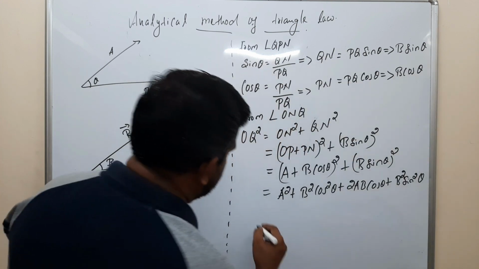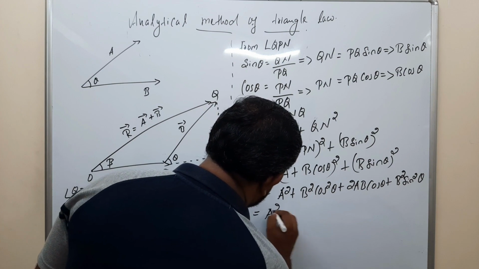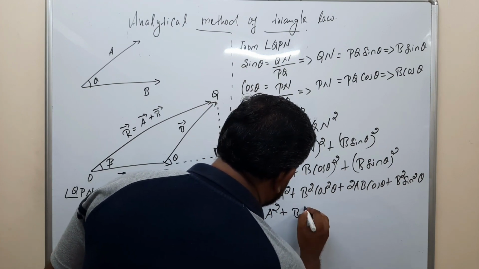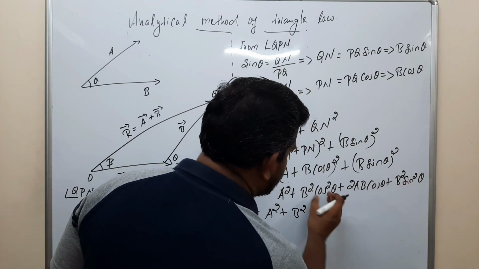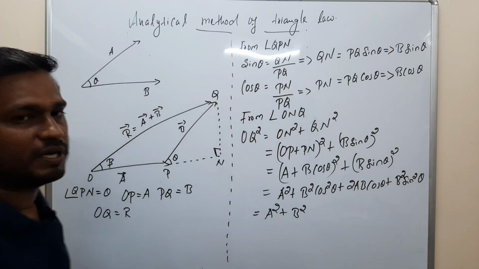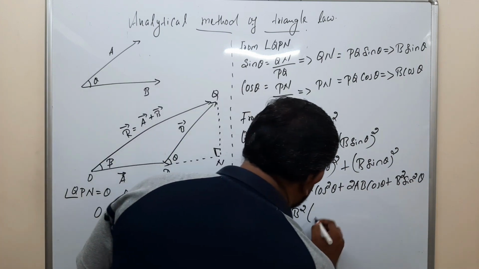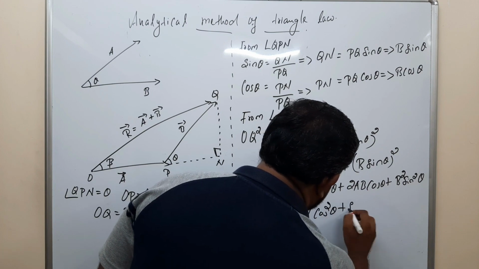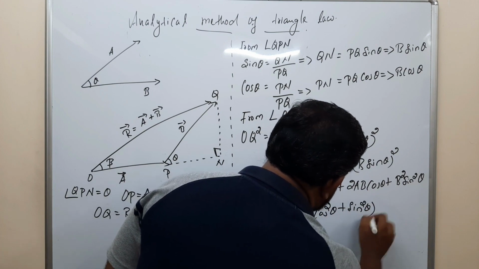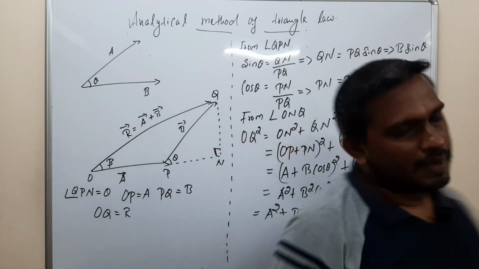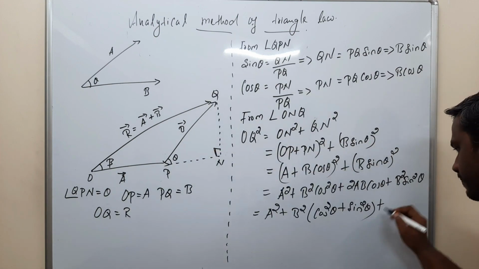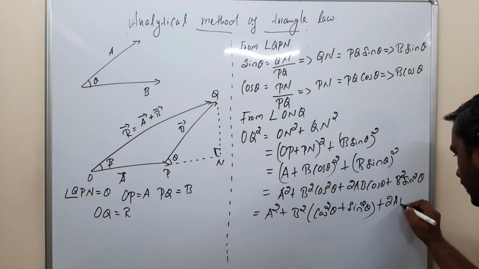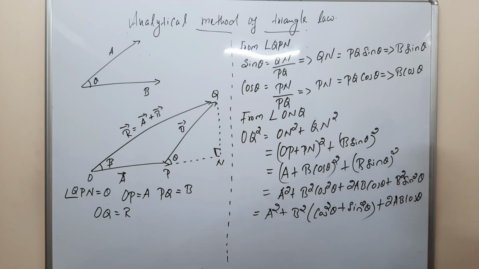So we can write, that is a squared plus, take b squared commonly outside from these two terms, b squared (cos squared theta plus sin squared theta) plus 2ab cos theta.